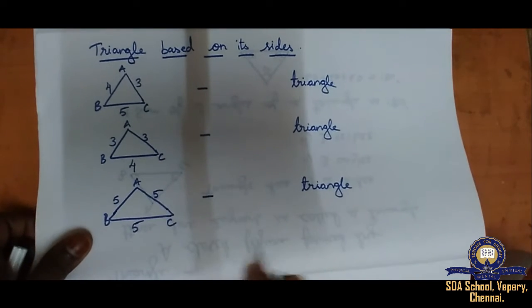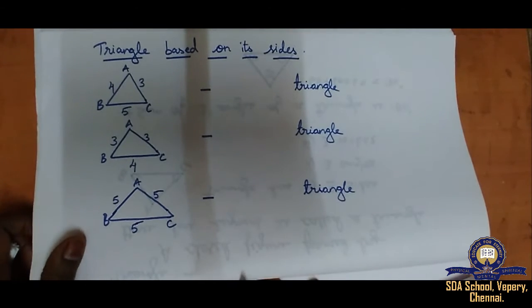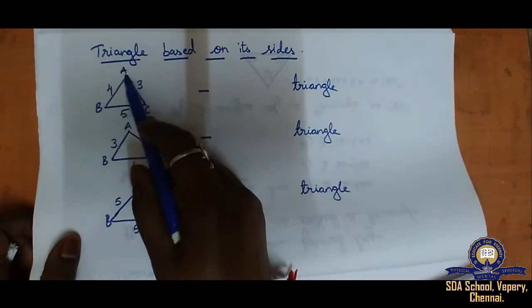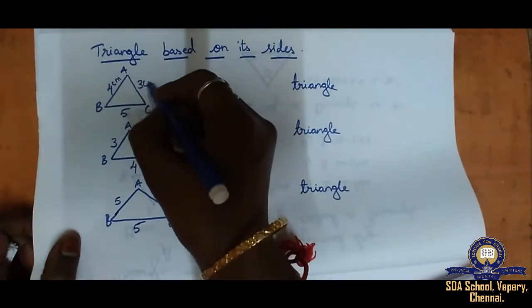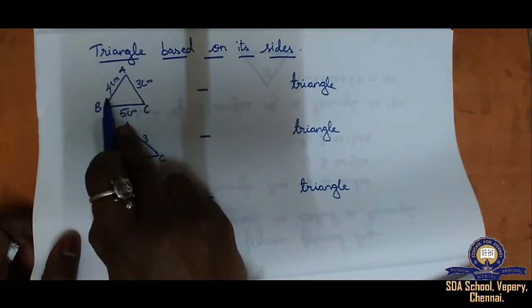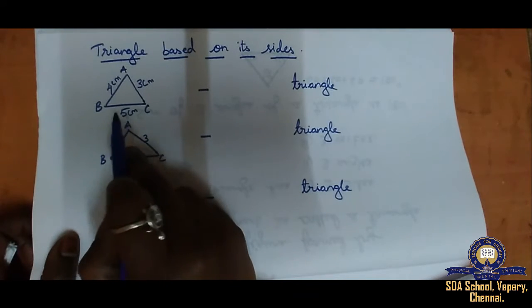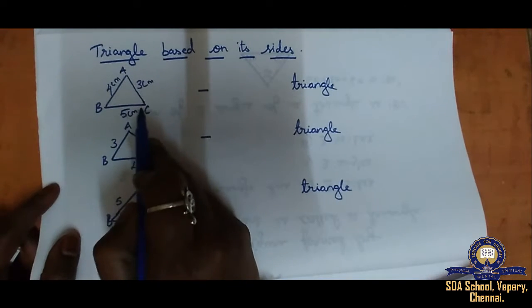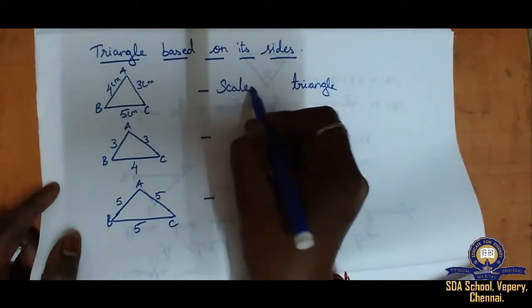We are going to see what triangle it belongs to, what kind of sides it has. So AB is 4 centimeter, AC is 3 centimeter, BC is 5 centimeter. See, 4, 3 and 5. All the 3 sides have different centimeter, different size. So, it is said to be a scalene triangle.